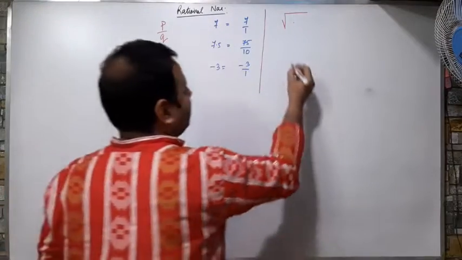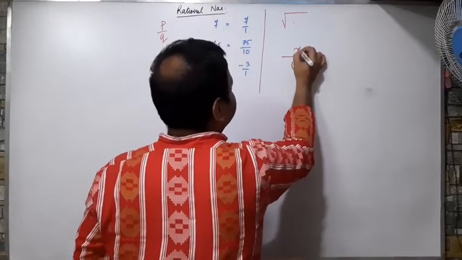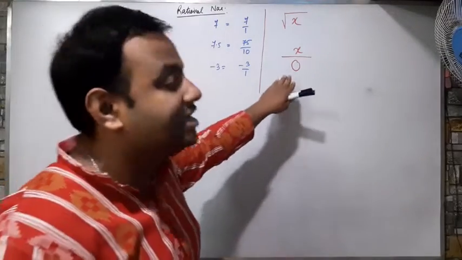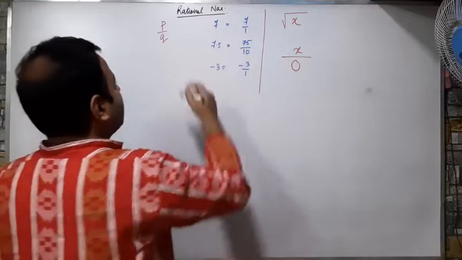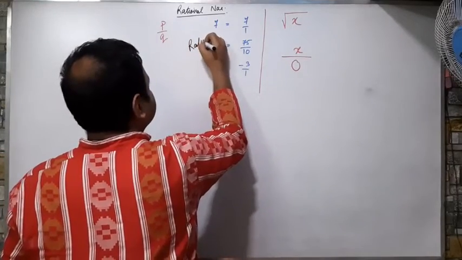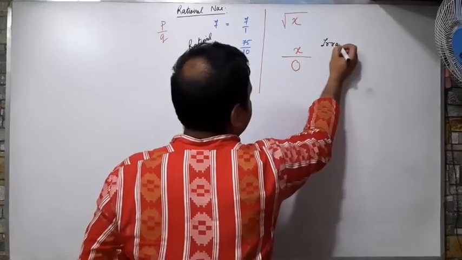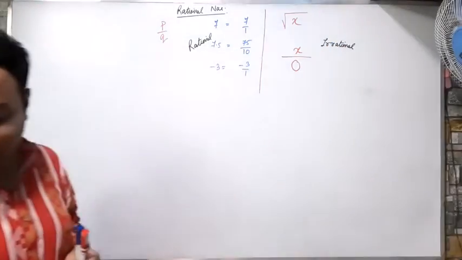And any number which has 0 as a denominator, that is also an irrational number. So these are all rational numbers and these are irrational numbers, correct?